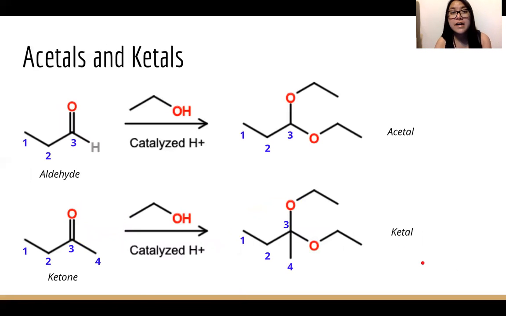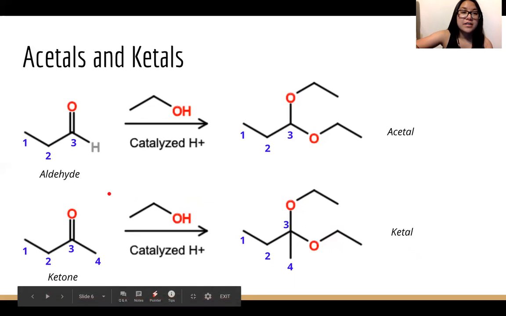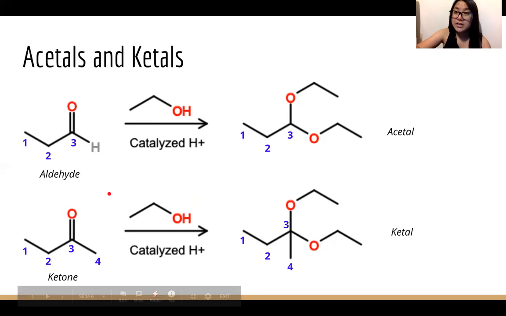Next, we're going to go into acetals and ketals. A lot of people I've been noticing are struggling with the difference between acetals and ketals. Just know that it's basically the same thing, the same mechanism, except the only thing that's different is what you're starting with. That's what differentiates if the product is going to be an acetal or a ketal.